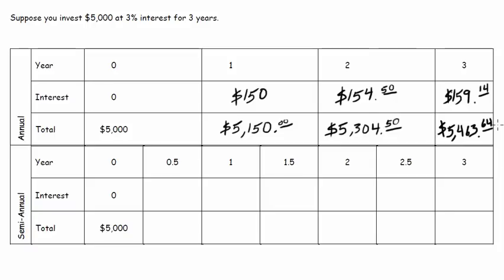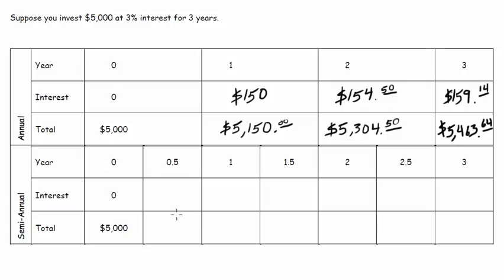All right. So at the end of 3 years, if I'm paid once a year, we have $5,463.64. Now, we're going to look at the second case where I am paid semi-annually.